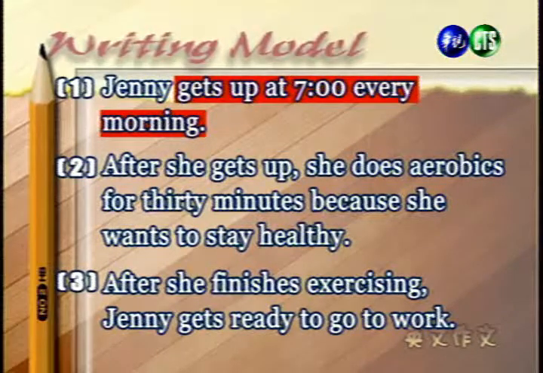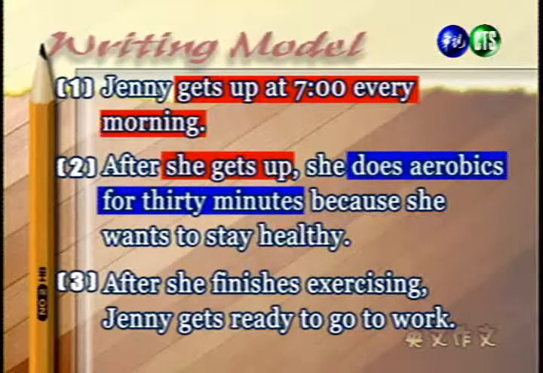In the second sentence, you can see that it makes a reference to the old idea about Jenny getting up. But at the end of the sentence, it adds a new fact: how long Jenny exercises and the kind of exercise she does.